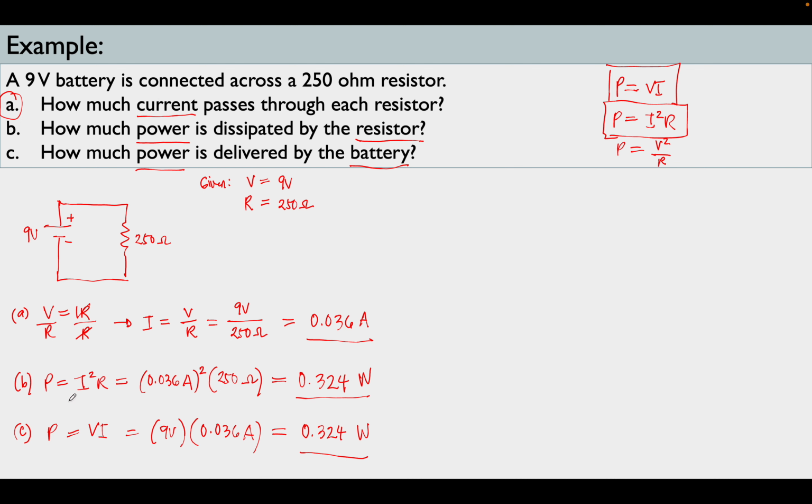That's why for B and C, the power dissipated by the resistor, which is 0.324, is equal to the power delivered by the battery, which is still 0.324. So that is for our second example.